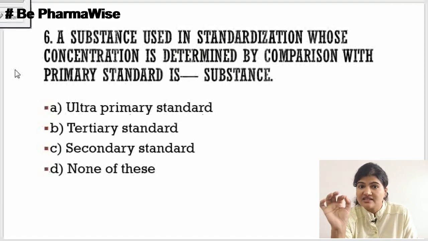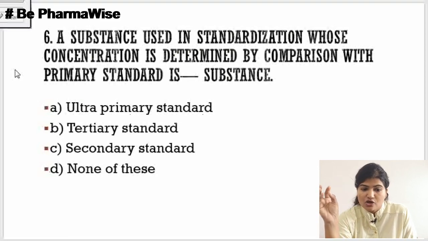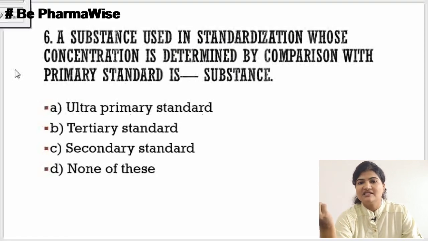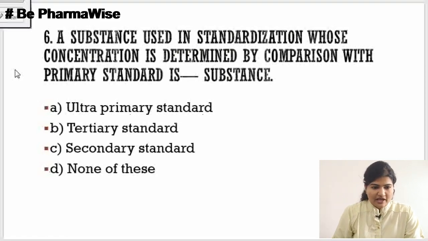I have discussed this process in detail in this video, go and check it out. So the question here is, a substance used in standardization whose concentration is determined by comparison with a primary standard substance is, by now you must have guessed, a secondary standard substance. Okay, fine, so I am going to tick the answer, it is secondary standard substance.